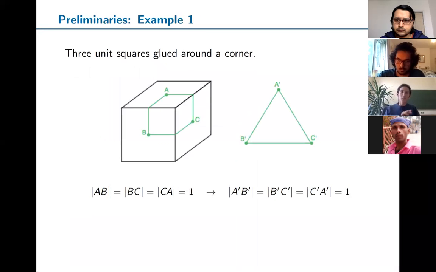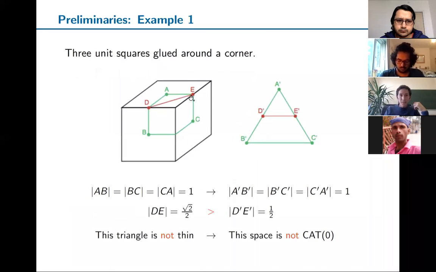So let's take a triangle. So let's take points A, B, and C that are at distance 1 of each other. Then you draw a triangle in the plane with the same distances, 1 of each other. And then you take 2 points on the edges of your triangle, and then you measure the distance between them.